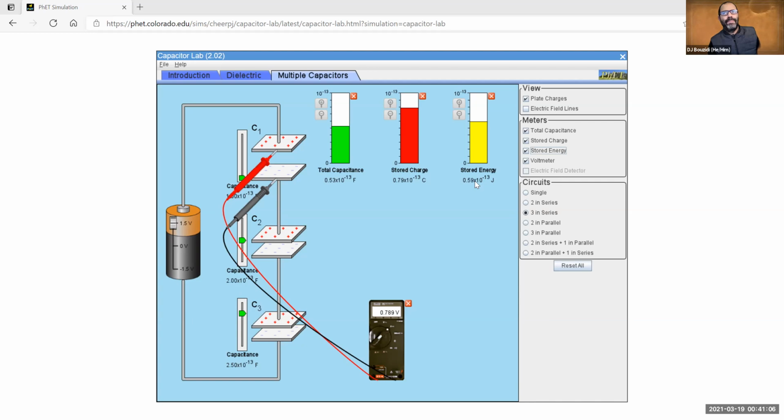Okay. If I want to find the charge now, I know the entire voltage is 1.5 and the equivalent capacitance is 0.526. From this, we're going to find the charge, which is just the entire voltage multiplied by this capacitance. So again, Q is equal to CV. 0.526 times the voltage, which is 1.5.